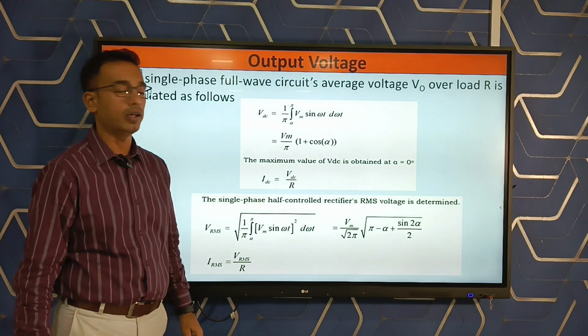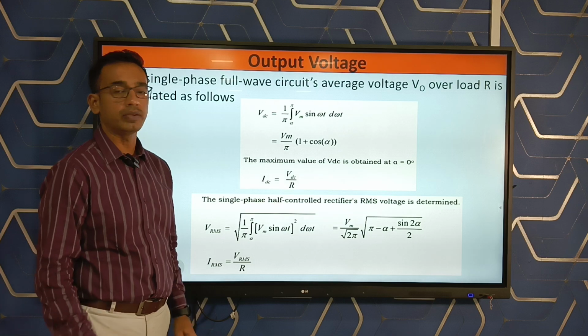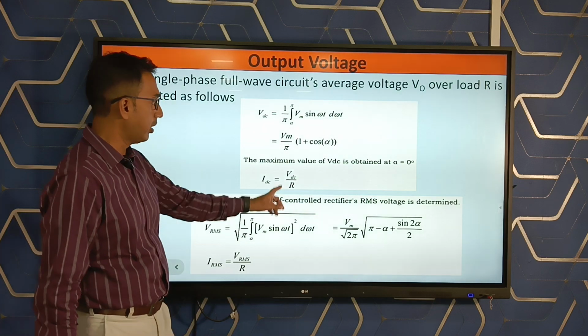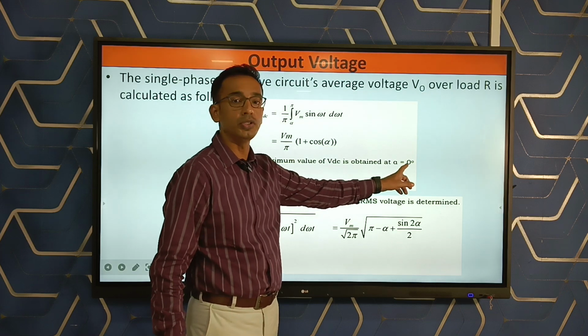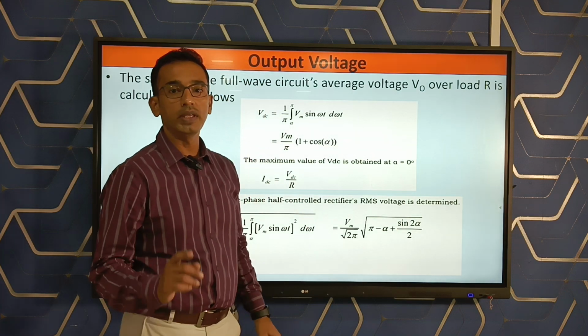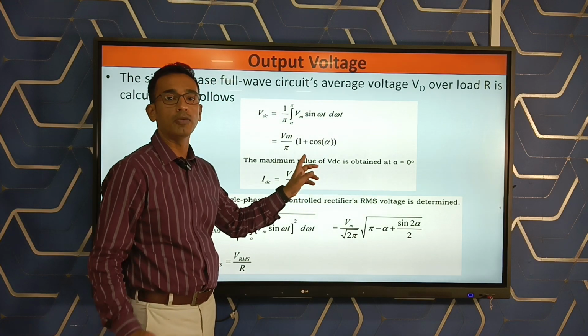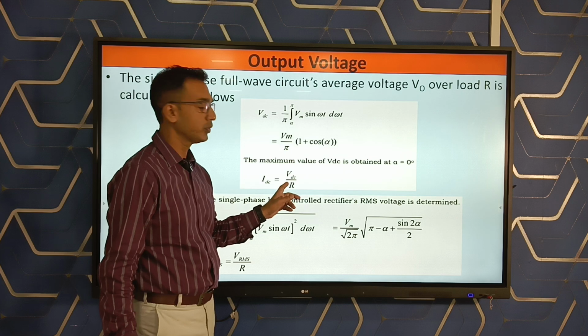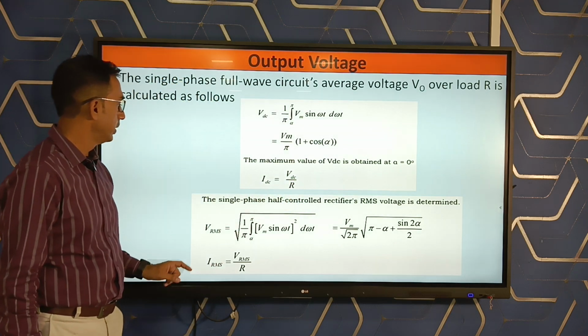Alpha is called the firing angle or delay angle. When will the output voltage be maximum? When alpha equals 0 degrees. When the firing angle is 0 degrees, the output voltage can be maximum, and the maximum current formula will be VDC by R.